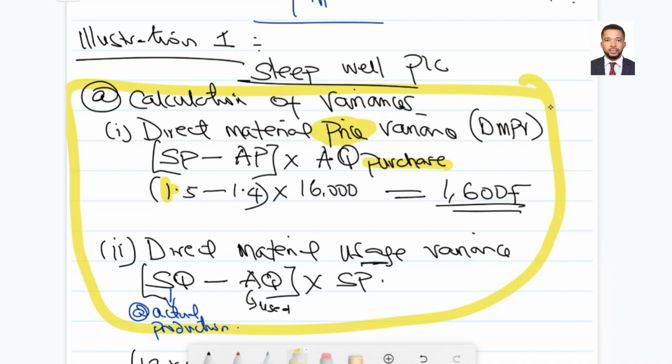Investigating price means I'm comparing standard price and actual price. Investigating material usage means I'm looking at the quantity budgeted against the actual use. If you get to hour, you have rate and efficiency. Variable also, you have rate and efficiency. If you get to fixed, you have expenditure and then the volume. Think like that.